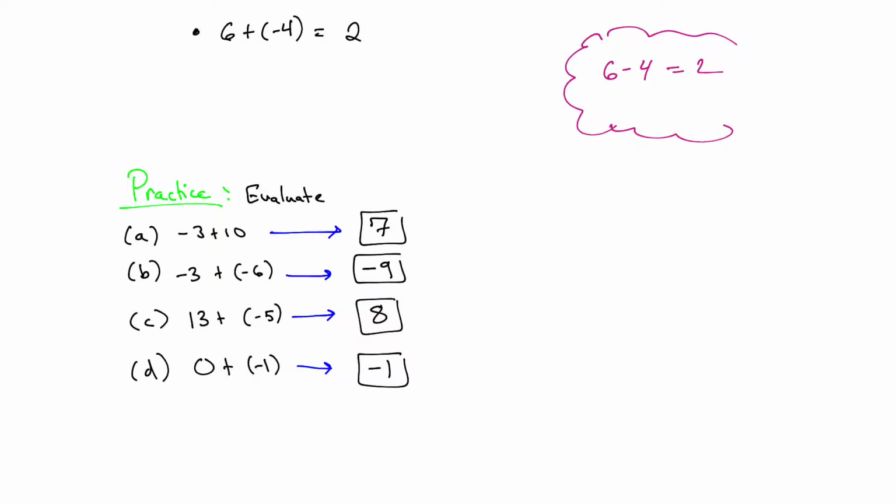And I threw in kind of a little tricky one right here with 0. We're going to talk about it a little bit later, but if you add 0 to anything, it just stays the same. That's a very, very important one, and you don't need to use your calculator on that. Whenever you're adding 0, that's not changing the problem at all. So this just becomes negative 1.